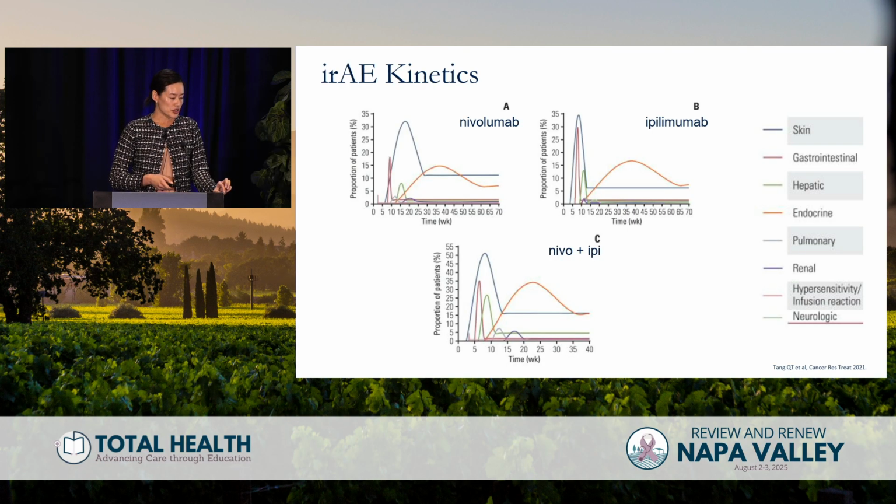In charts A through C, the beginning and end of each curve represents the median time to IRAE onset and resolution, respectively. Going on the theme we saw in the earlier table, patients treated with a combination of nivo plus ipi definitely have a higher frequency of side effects compared to those treated with monotherapy.